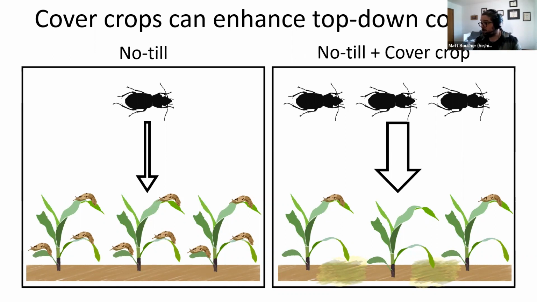There's also a lot of alternative prey that persists there longer: soil microarthropods, earthworms, pretty much anything that a predator eats, there's more of in that residue. And so that's really great because it can keep those predator populations high and keep them present, rather than in a no cover crop situation where the predators might just be transient or migrating through as they search for a better place to find food.